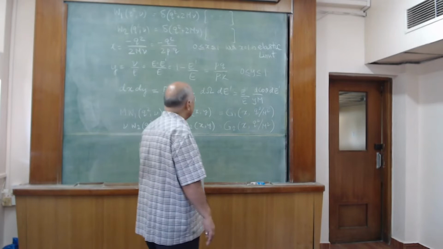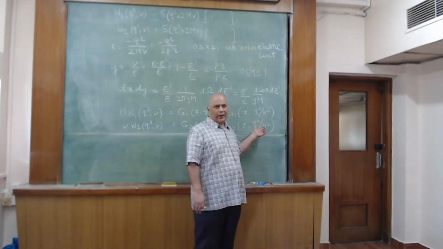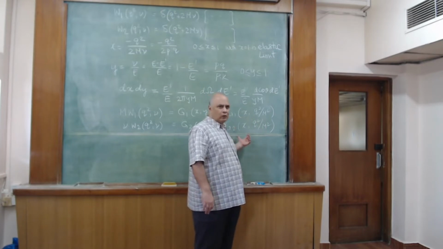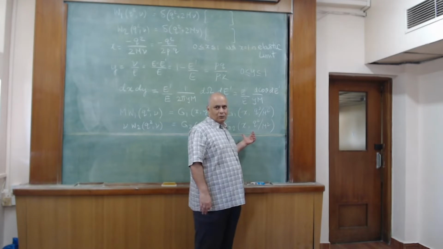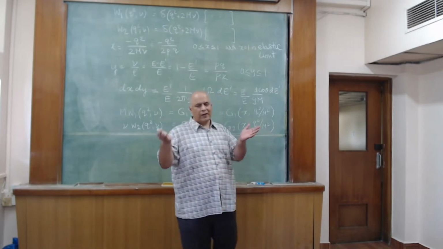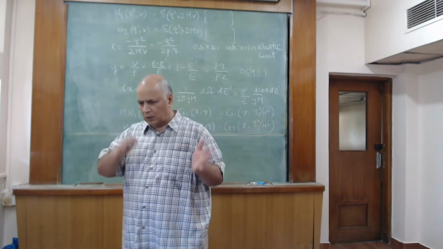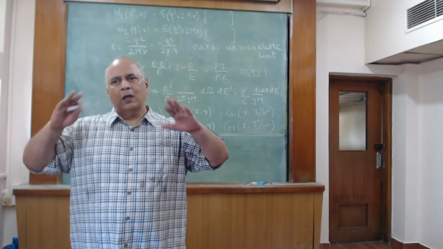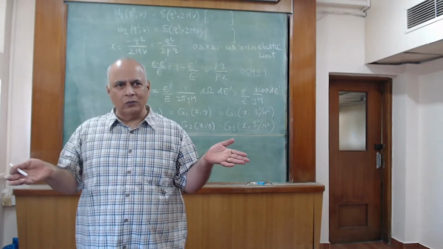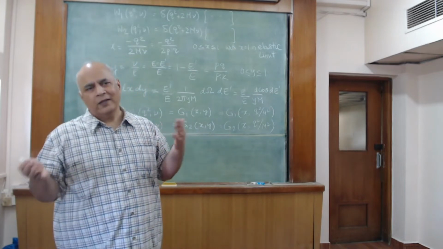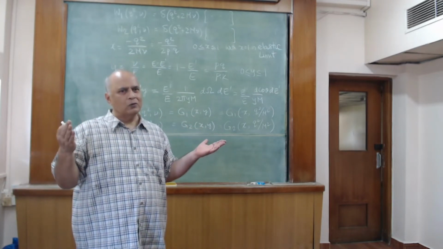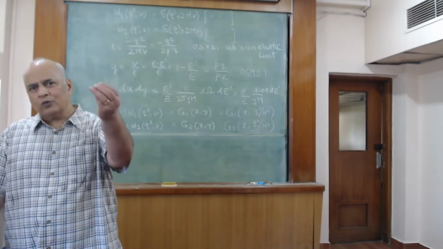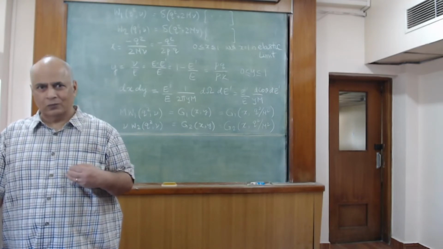One such variable is q square, and the other variable is q square by 2M nu. So first I change from E prime and theta to q square and nu. And having changed to q square and nu, I say, okay, instead of taking q square and nu, I will consider the dependence on q square and q square by 2M nu.